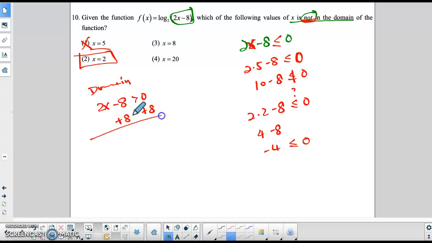Solve for x, right? This is gone. 2x greater than 8, x is greater than 4. So that is the domain, okay? Or you can just go straight to finding the domain and then see which one is not greater than 4, then that is the answer you're looking for.